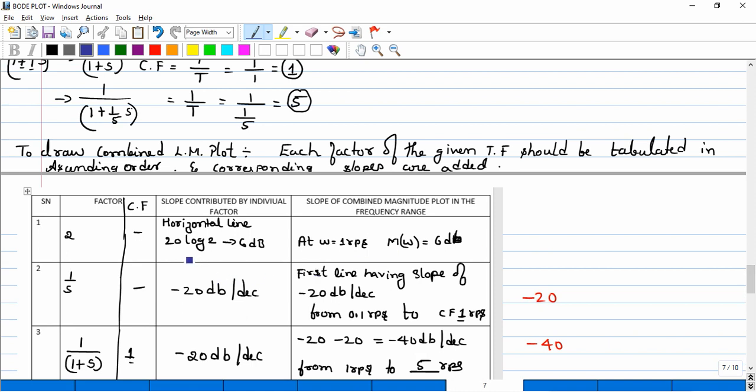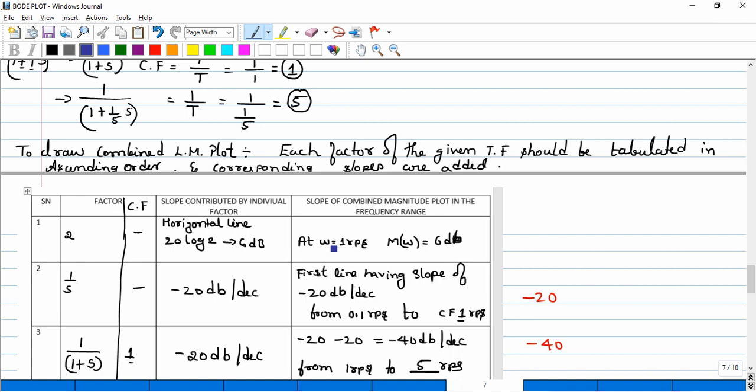Let us represent the first, that is gain K. So if our gain K is, the value is 2, and here we obtained 6 dB, that is 20 log K is 6 dB.